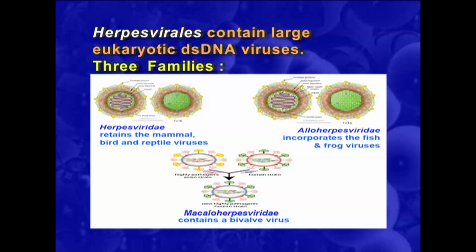Next, we will be discussing Herpesvirales. Herpesvirales also comprises double-stranded DNA viruses, but they infect eukaryotic hosts. That's why it is different from Cordovirales. It again comprises 3 families, namely Herpesviridae, Alloherpesviridae and Malacoherpesviridae.